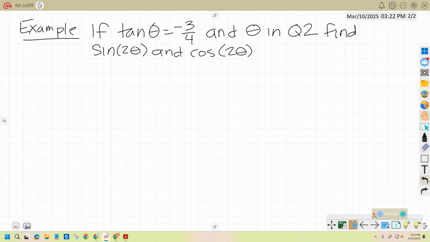And that should freak us out a little bit because we don't know what theta is. How am I supposed to find sine of 2 theta?